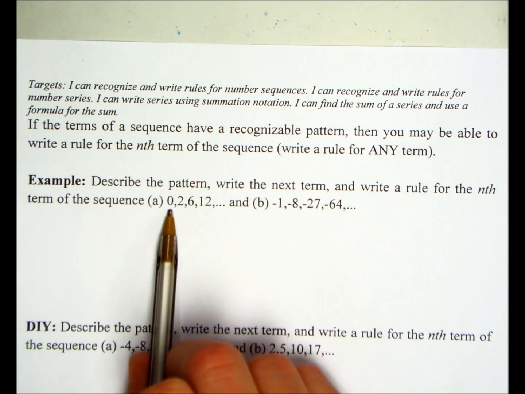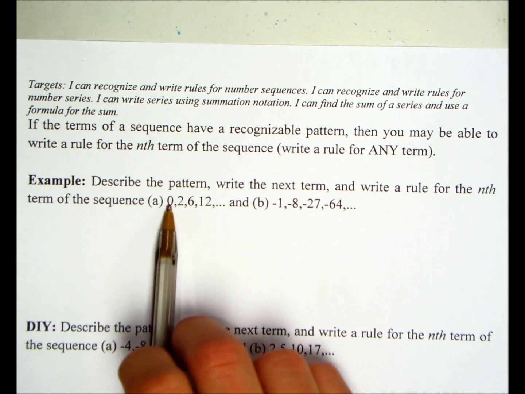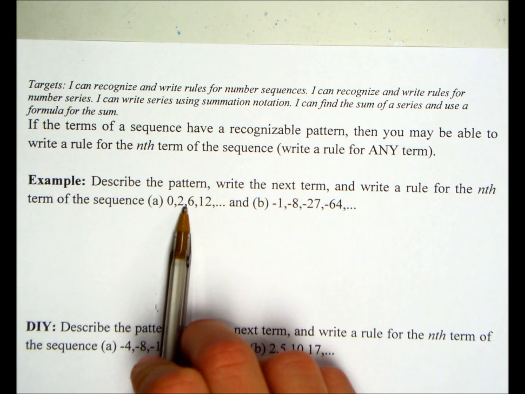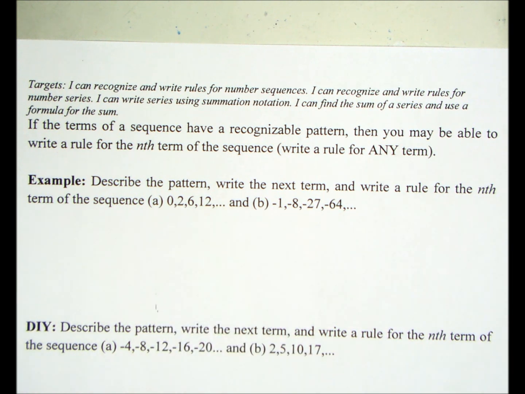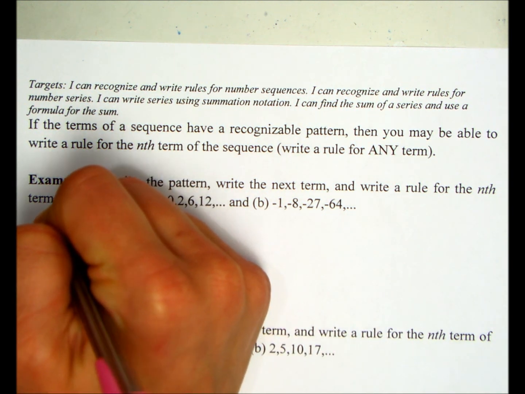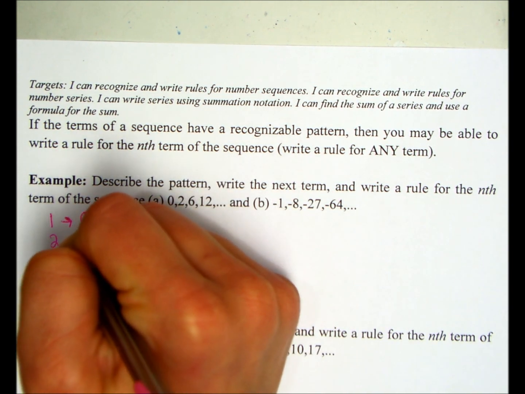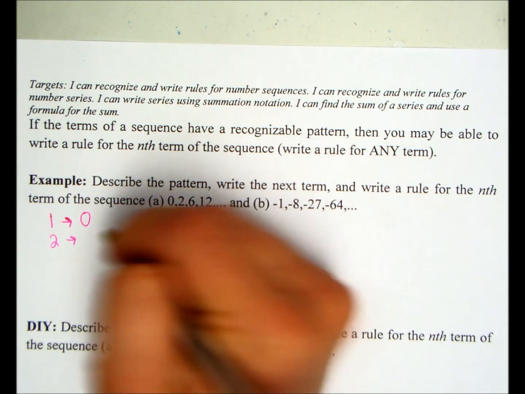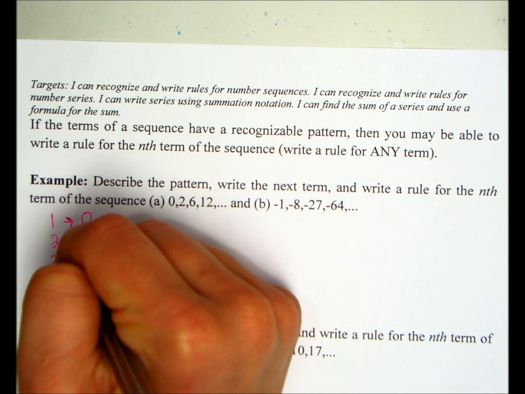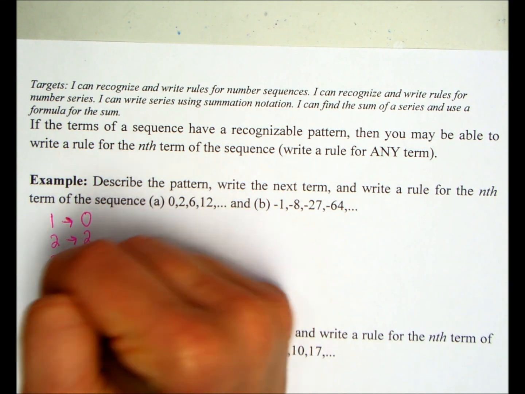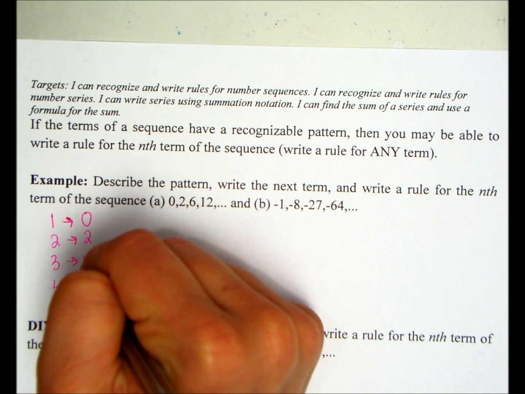So my first pattern here is 0, 2, 6, and 12. My first term for A is 0. My second term is 2. My third term is 6. And my fourth term is 12.